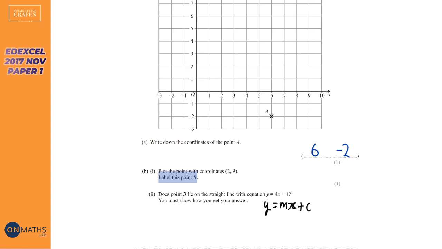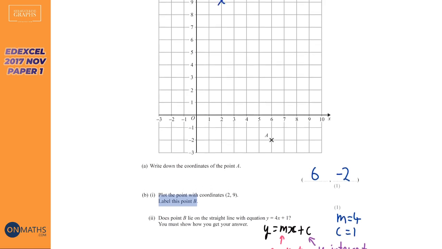The m is the gradient, and the c is the y-intercept. And so when we look at the y equals 4x plus 1, it means the gradient is 4 and the y-intercept is 1.